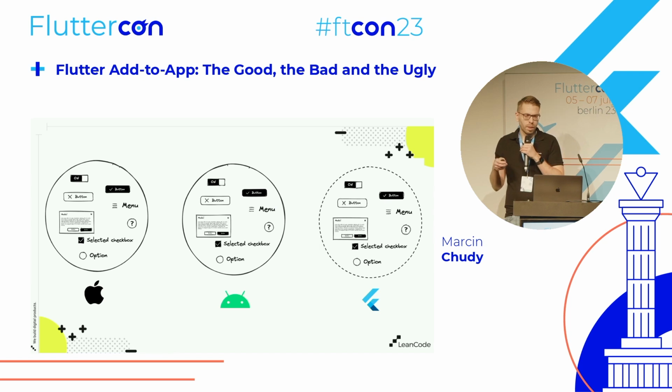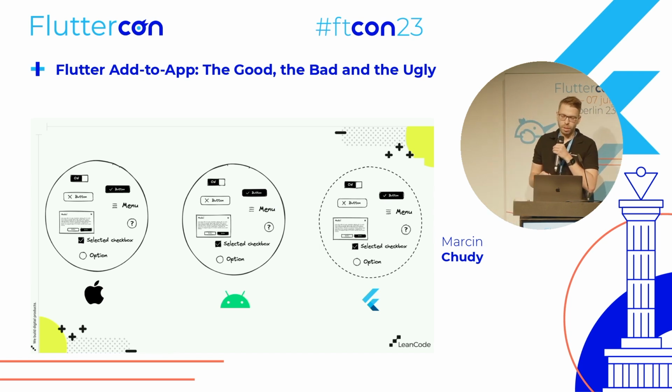But there are some other things that you need to think about. Typically, when you have a big native app, the iOS app will have some set of reusable UI components. The Android app will have the same set of reusable UI components, from buttons and checkboxes to more complex components.